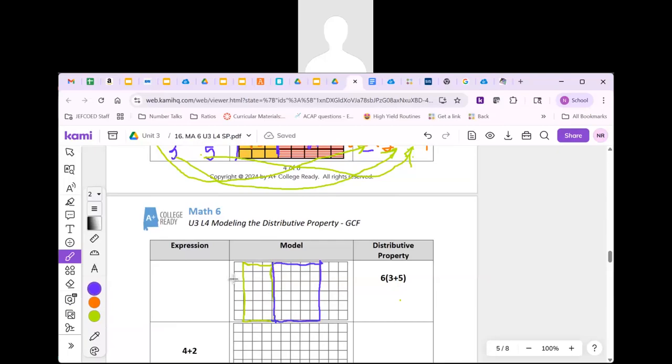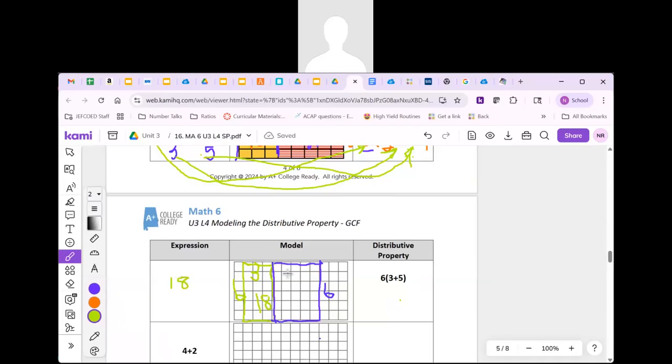Okay. So now I know I have a 6 here, which means I also have a 6 on this side, right? And then I know I have a 3 here. And so 6 times 3, that means there are 18 squares in here. So I'm adding 18.